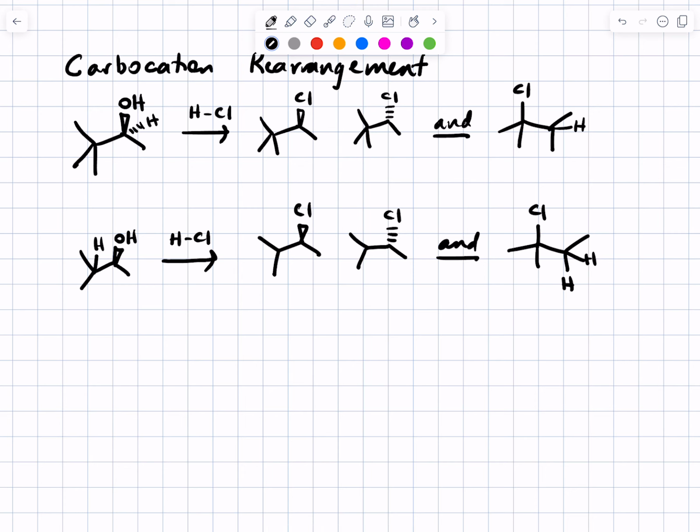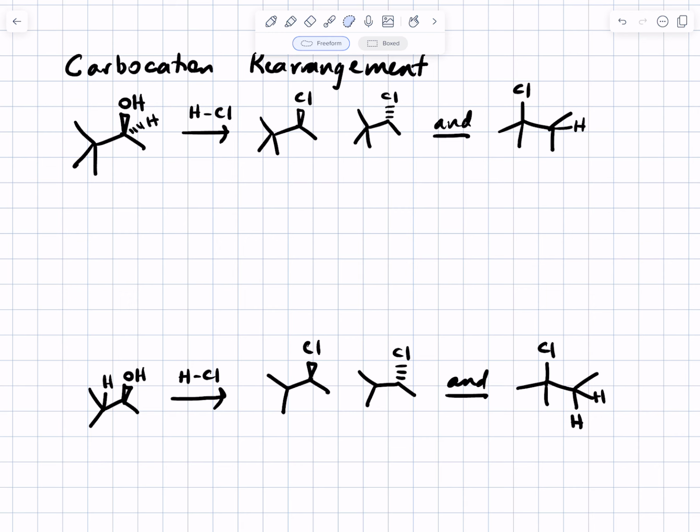You can tell that something's happened because your leaving group, we turned the OH into a good leaving group. That OH group was at this secondary carbon, but in the product, the nucleophile that came in is on the tertiary carbon, right? So how are we going to explain that?